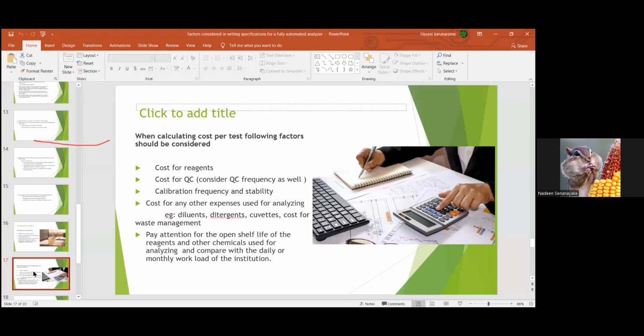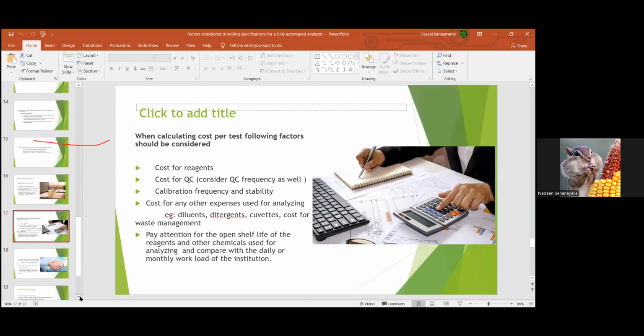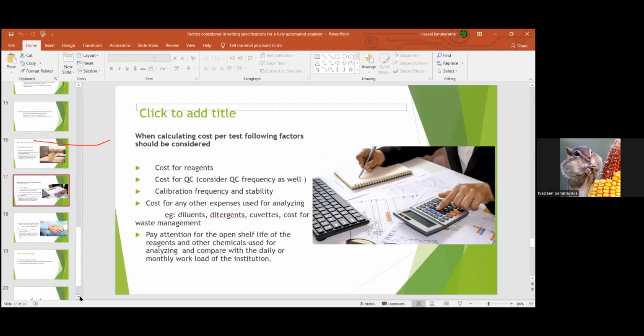So depending on the workload, if you are going to select an automated analyzer for an institution which has less workload, and the company has reagent vials which can do fewer samples from 1 vial, that will be a favorable factor for that bidder, because we can minimize the reagent wastage.